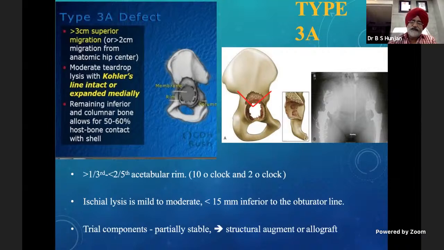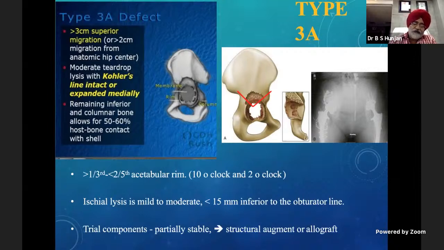Now, you see the defect is superior here, and the remaining inferior columnar bone allows for about 50 to 60% host bone contact, so the shell which we put in comes in contact with about 50 to 60% of the host bone and gives good support.